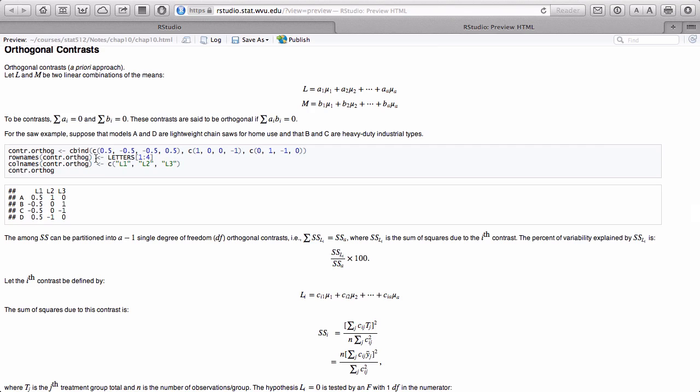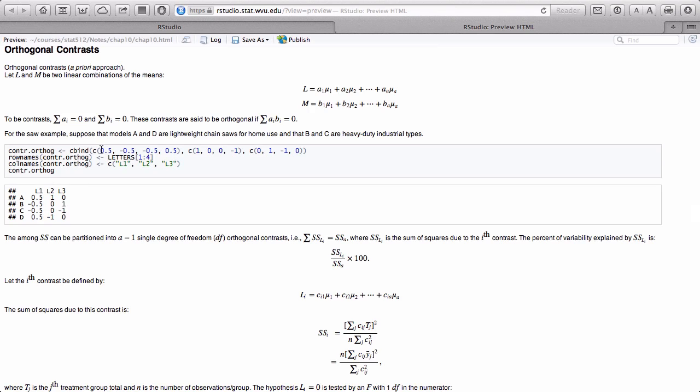So what I'm first of all doing is defining a contrast matrix called CNTR.orthog. That's my version of it. I'm going to combine the three sets of contrasts. Now, here's the first one.